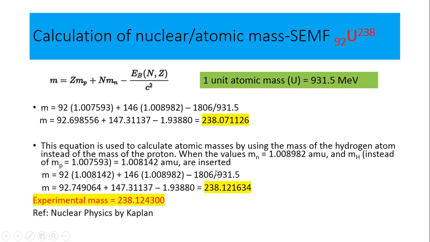That means you can calculate the binding energy more accurately as compared to the calculation using the mass defect, and you can calculate the nuclear or the atomic mass using this semi-empirical formula.